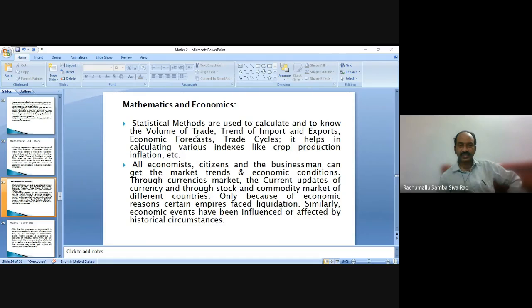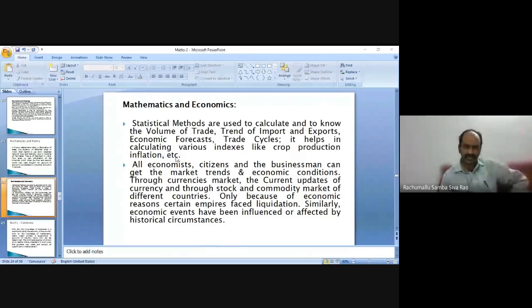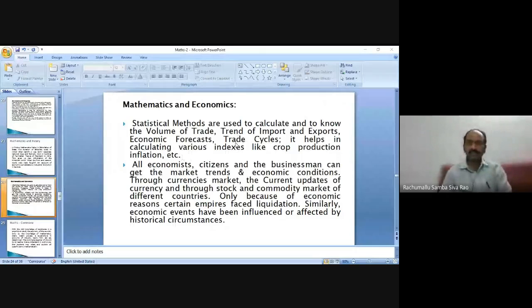It helps in calculating various indexes like crop production, inflation, etc. So in economics also, the role of mathematics is vital. Without mathematical application, we cannot perform economic tasks successfully, isn't it?